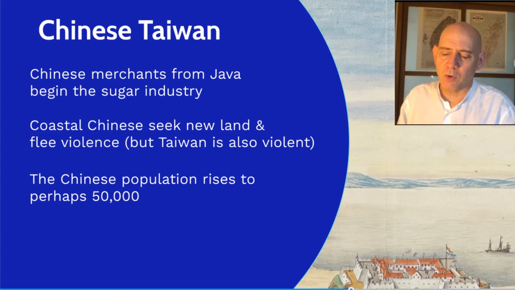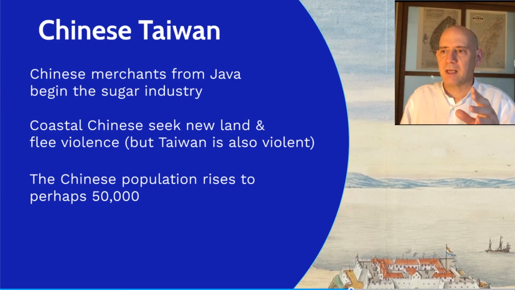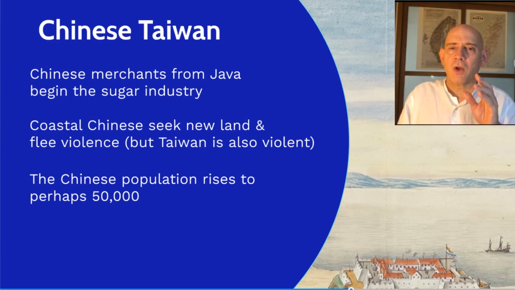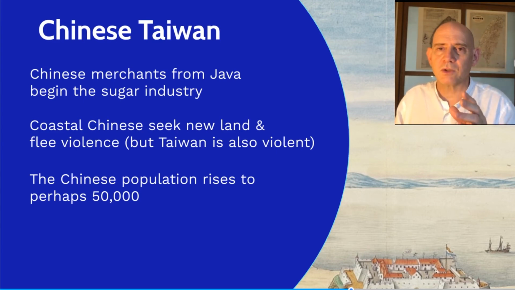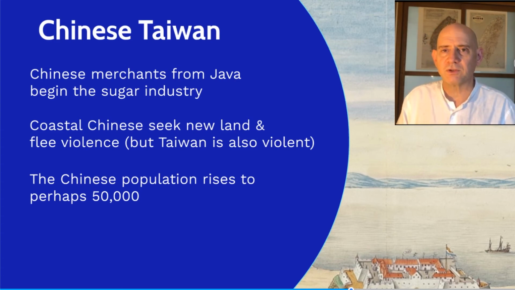But one big group of Chinese were brought over by the sugar merchants. The Dutch set up first in Java, down in what's now Indonesia. There were already Chinese merchants down there who were buying sugar, and sometimes they themselves raised the sugar cane and milled the sugar.